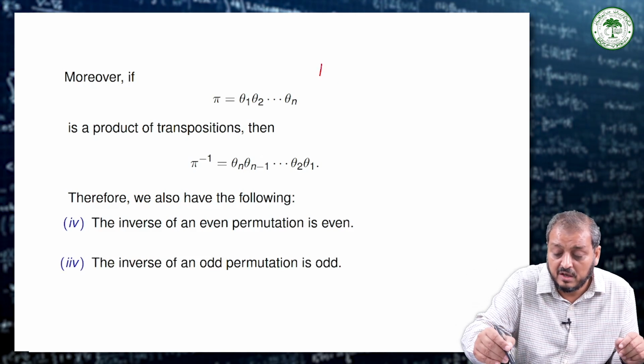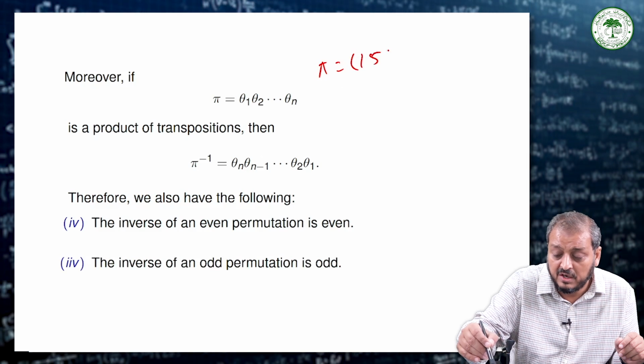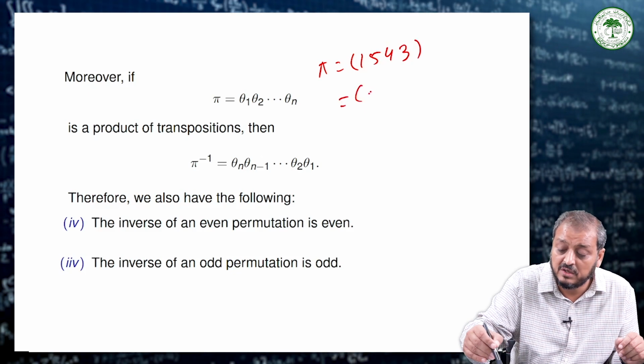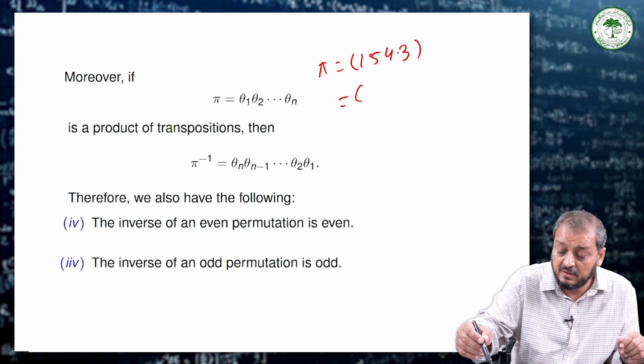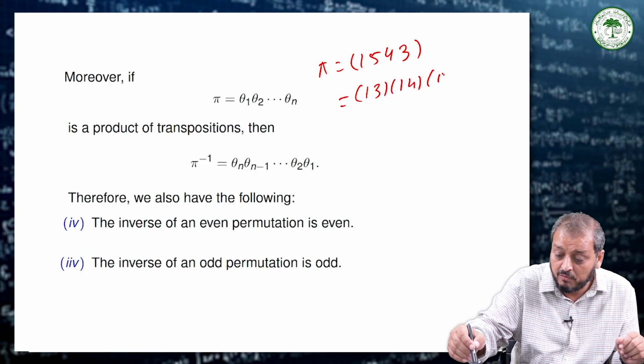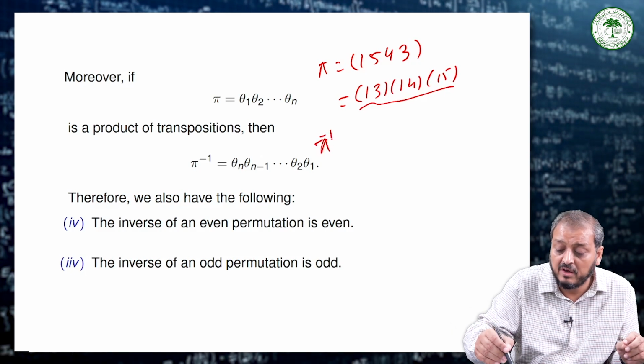If we take pi equal to (1 5 4 3), then the permutation is equal to (1 3)(1 4)(1 5), and clearly this is odd. Now we can find pi inverse.